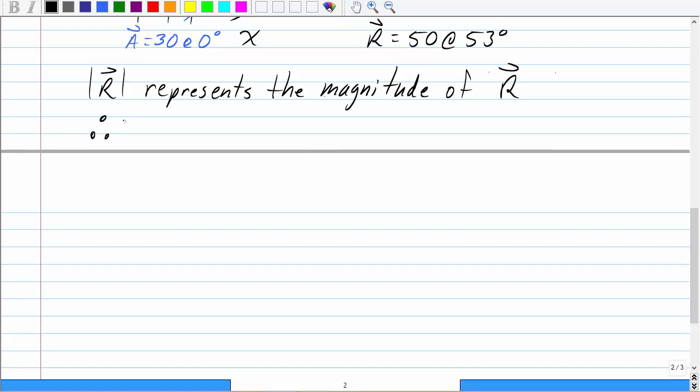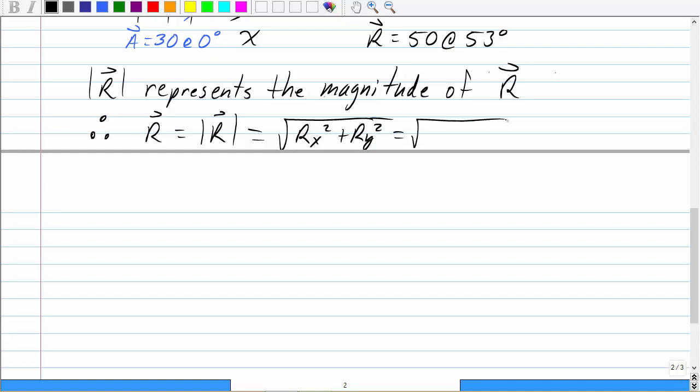Therefore, the length of vector r is equal to the square root of rx squared plus ry squared, which in our case equals the square root of 30 squared plus 40 squared, which is just 50.